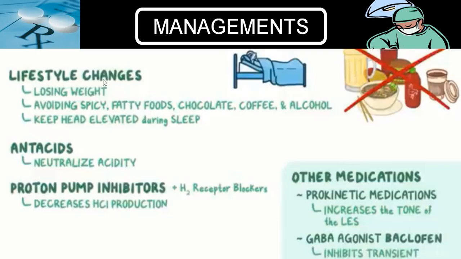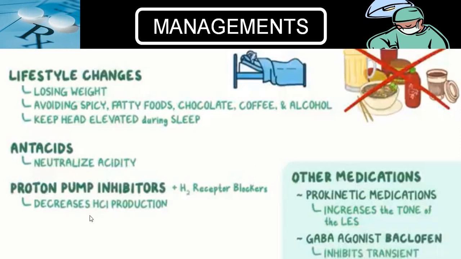So lifestyle changes also include maintaining your BMI, reducing intra-abdominal pressure, avoiding spicy, fatty food, chocolates, coffee, alcohol, etc., and keeping the head elevated like this while you are in a supine posture. Antacid will help to neutralize the acid.